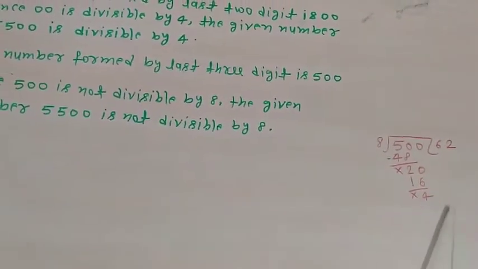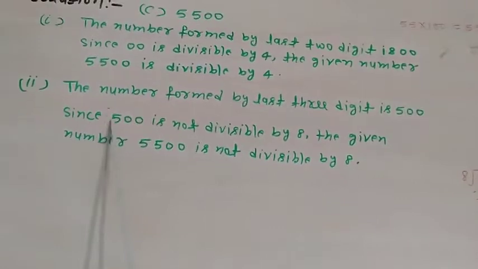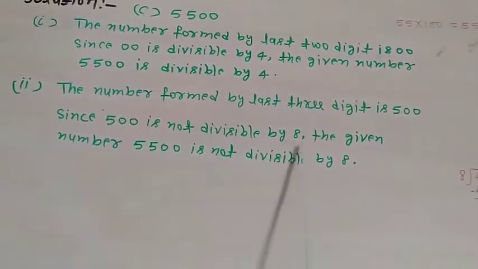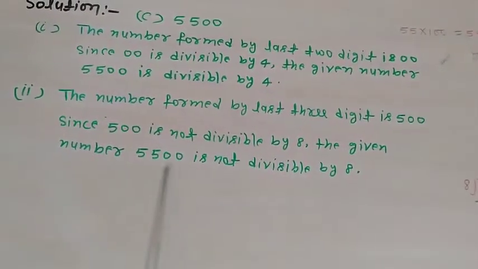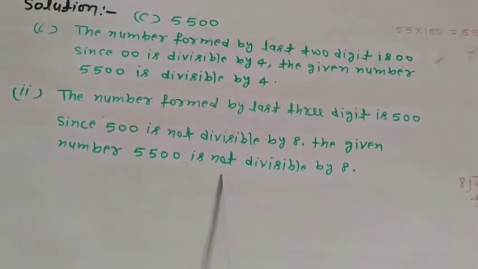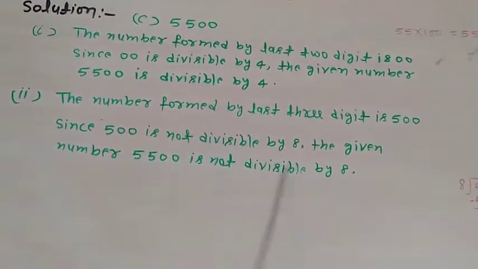So since 500 is not divisible by 8, the number 5,500 is not divisible by 8. Clear?